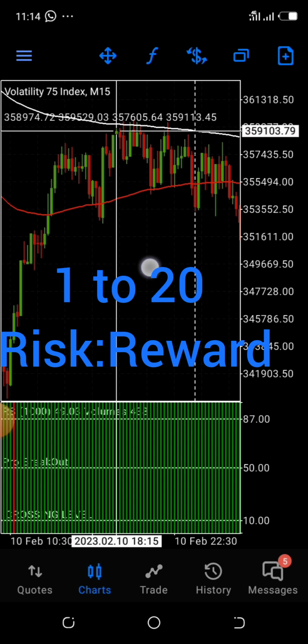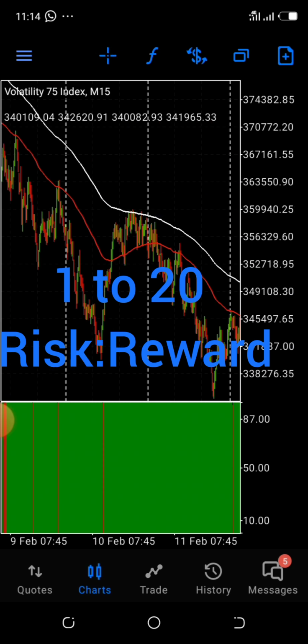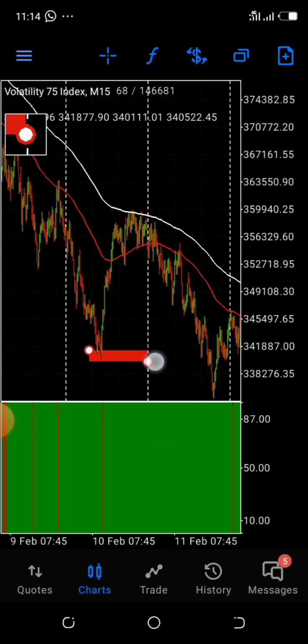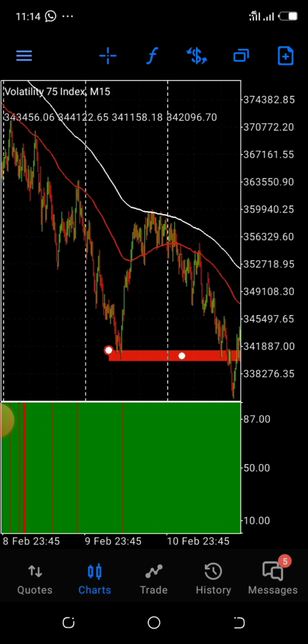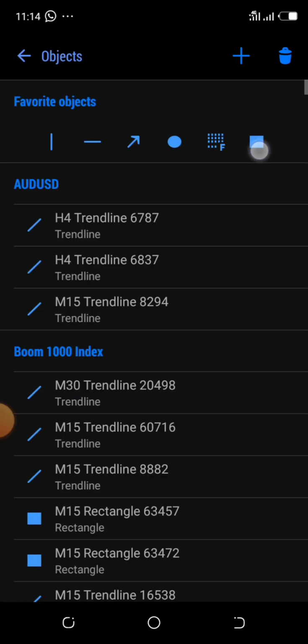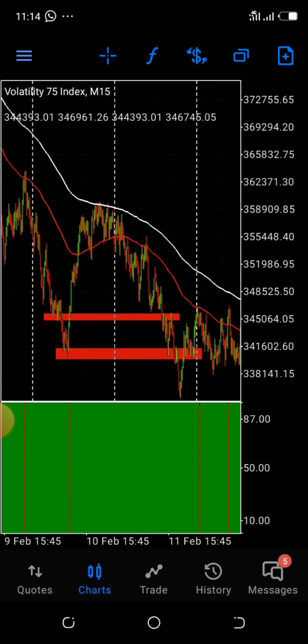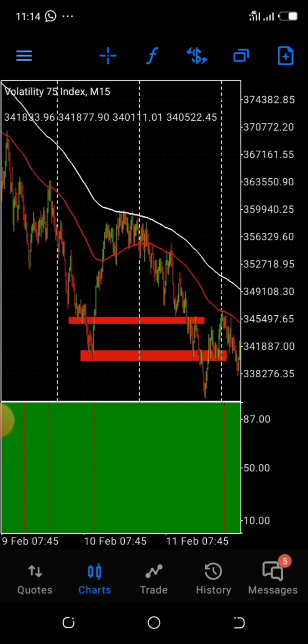Now look at what you are risking, and then look at what you are going to make. So here will be where our TP will be, this low here, or this one, or this one up here. You can either use this one as your TP or the second one as your TP. Do you see that? And did you see how this guy came down?